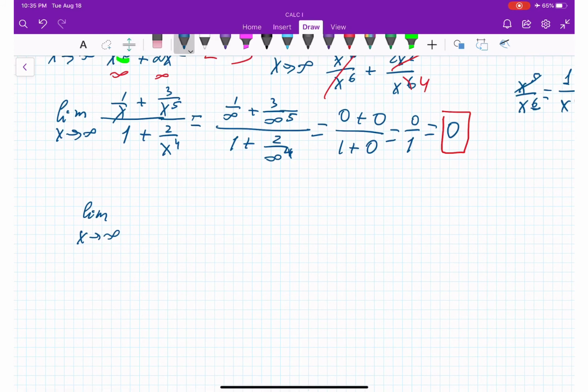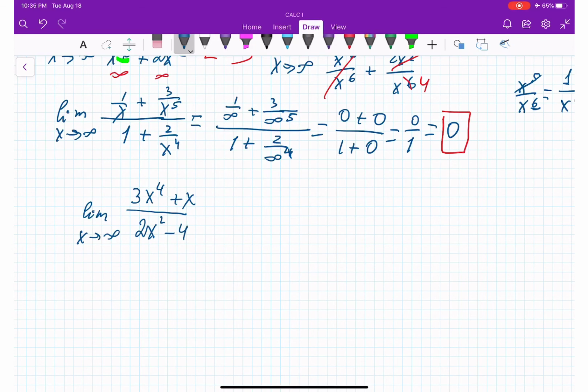So we have the limit as x approaches infinity of 3x to the power 4 plus x over 2x to the power 2 minus 4.